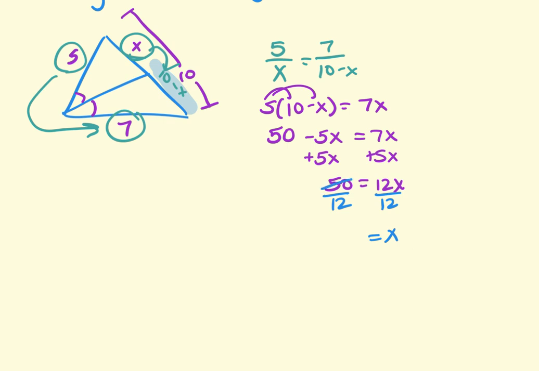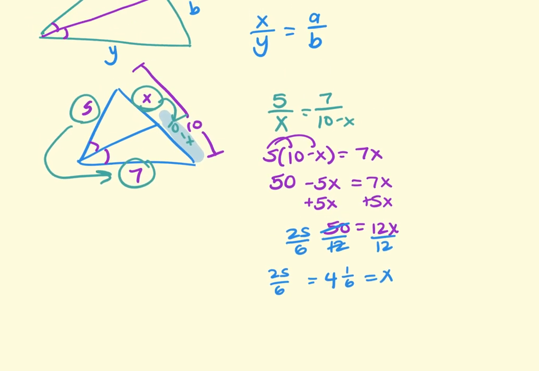And we can reduce this to 25 over 6, or 4 and 1/6. So just be really careful with the ones that give you that whole side length. Make sure you chunk it up into the two parts that are divided where the angle bisector hits that last side.